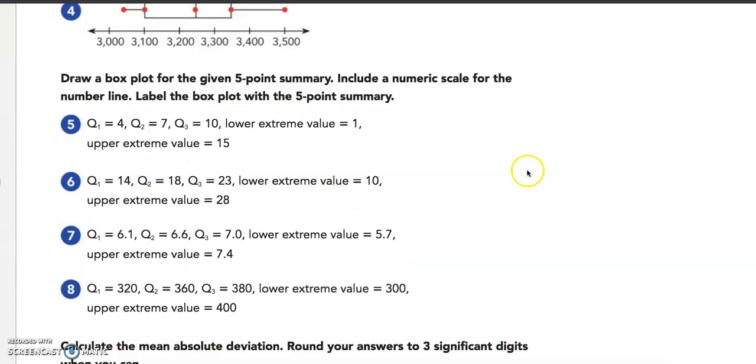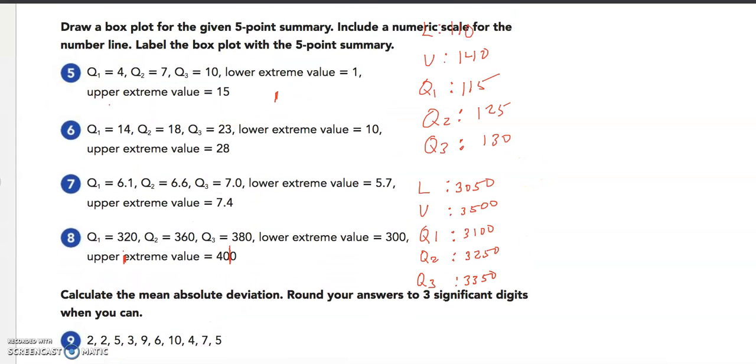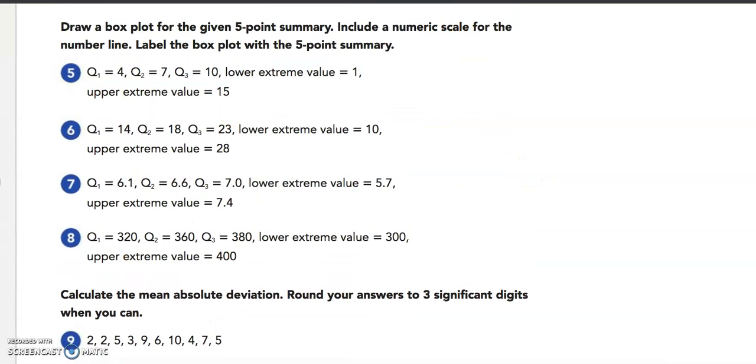Let's move on. So for number 6 and 8, we had to make a box plot. So we have the 5-point summary right here. Let's go ahead and draw a number line here. Our lower value is 1 and our upper value is 15. In theory, I can just count up by ones and write 15 numbers, but I don't really want to do that.